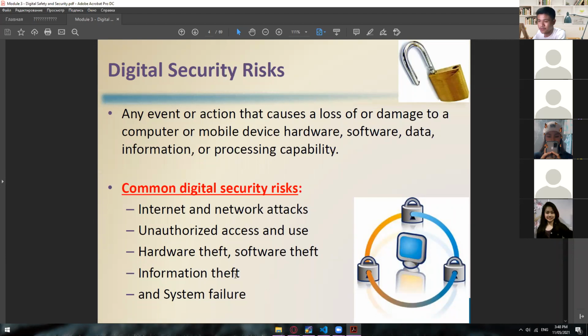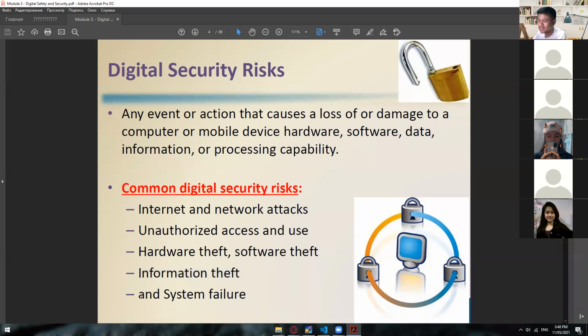If you're the kind of person who saves personal information in your computer, you should be aware of this one. You should be more cautious when it comes to this information.